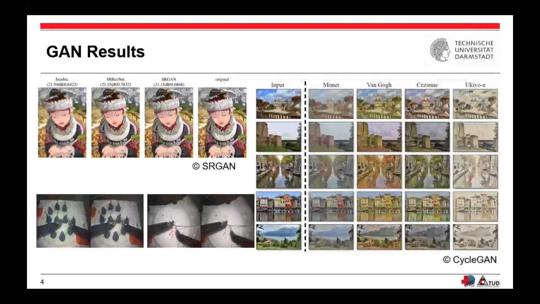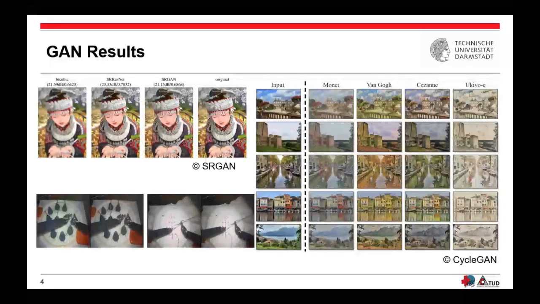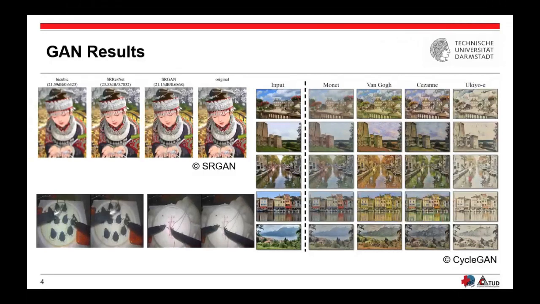On the left, we are talking about super resolution, and it's quite clear from the images produced by the super resolution GAN that all the details are maintained in a much better way compared to the other approaches.